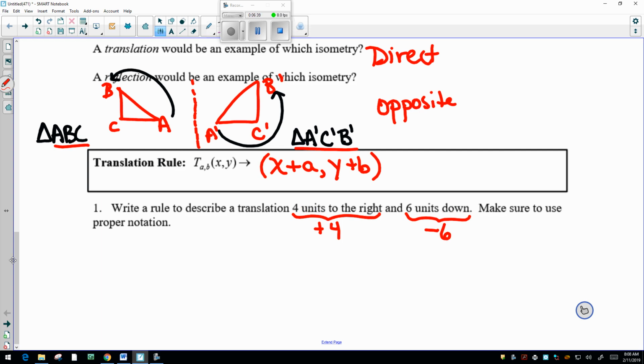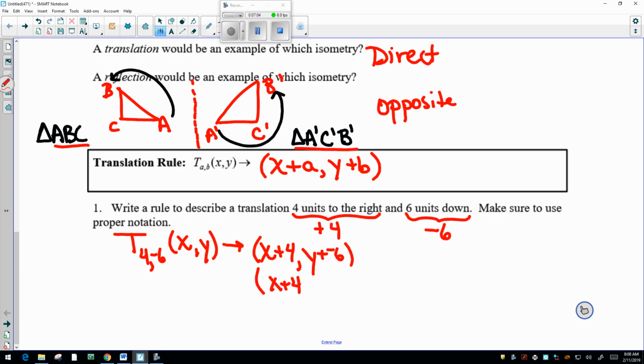So if I were to write this as a rule, capital T, I have positive 4 for my X, negative 6 for the Y. What this would say is to my X value, I would add on 4, and to my Y value, I could think of this as adding on a negative 6, that's an option. Or typically you will just see it written as subtracting 6.